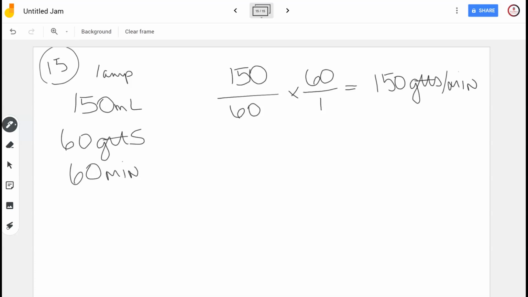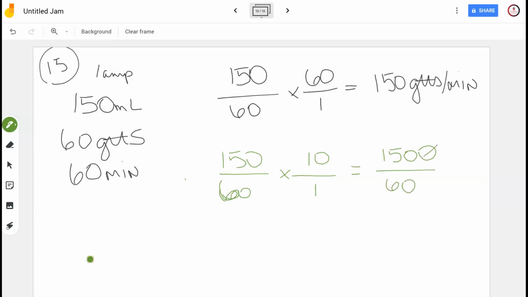Second part of the question asks, what happens if you are using a 10 drop set? So same thing, volume over time, 150 over 60, times your drip set, which is 10, becomes 1500 divided by 60. Make it a little smaller.